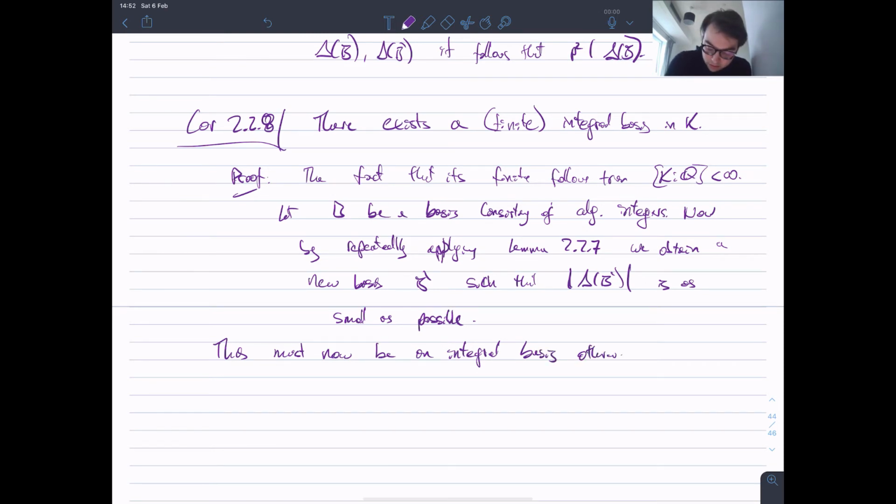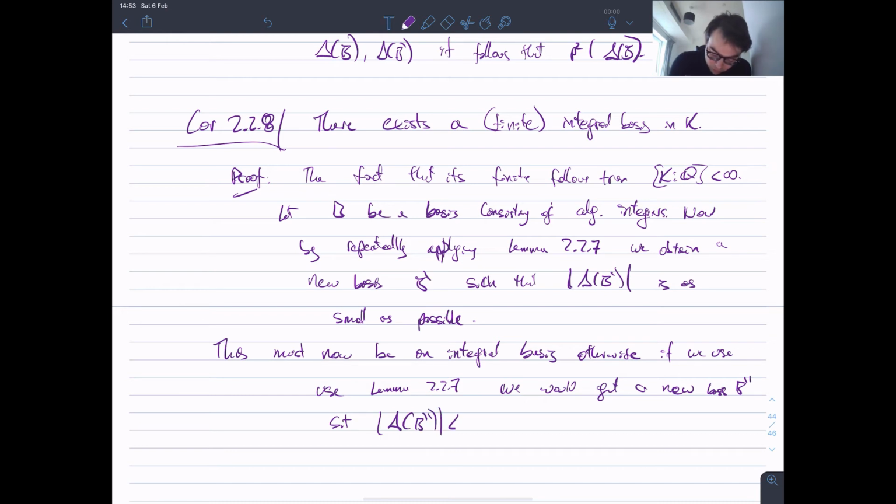Otherwise, if you use this lemma again, we would get another new basis, say B double prime, such that the absolute value of the discriminant was smaller than the one that you started with, the one with B prime, which can't happen, since we assumed that we had done this all the way down until the discriminant was as small as possible.